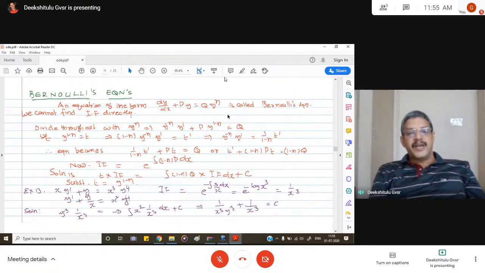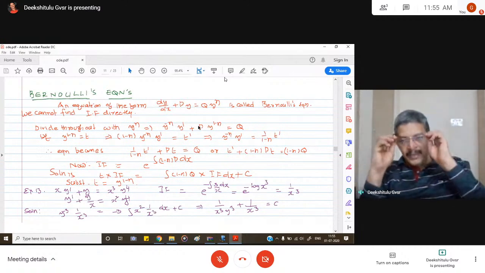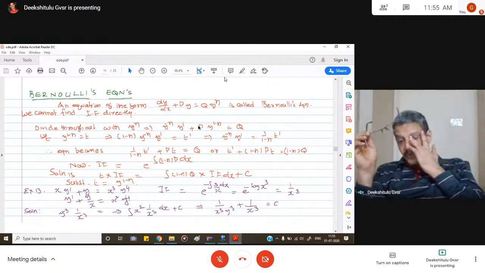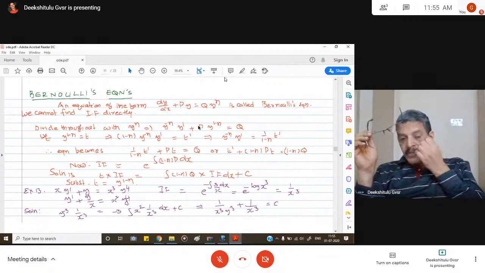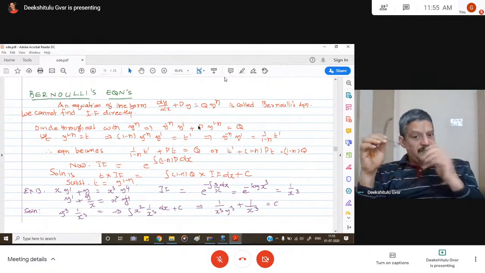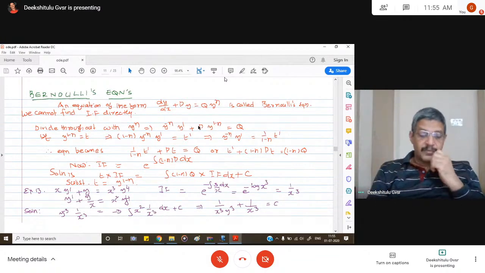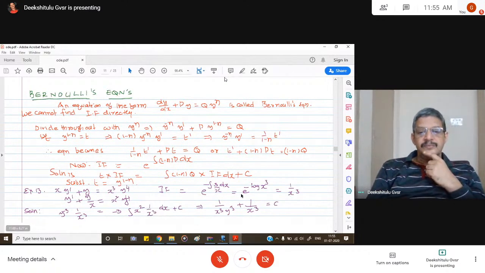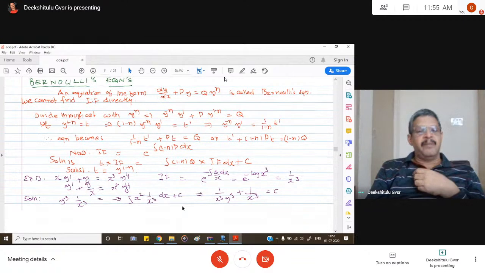The actual standard form has only q of x, not q of x into y power n. That's the problem. So divide throughout first with y power 4 and then put y power minus 3 equal to t, and so on and so forth. This is how we get the solution.